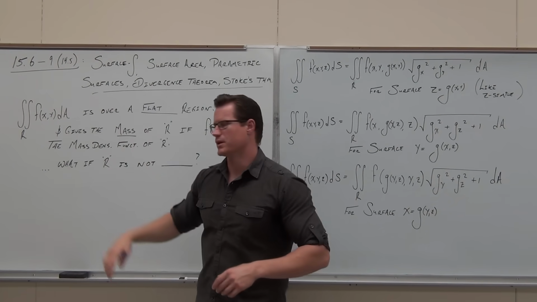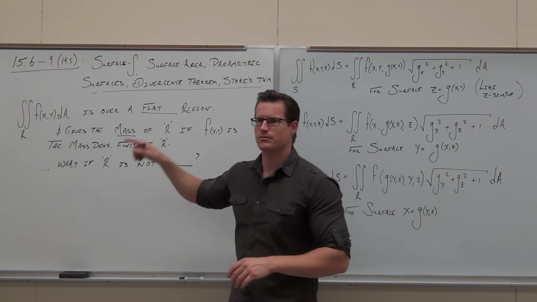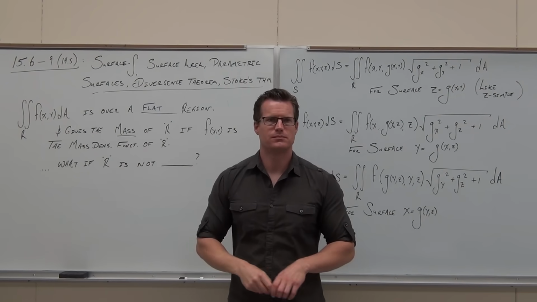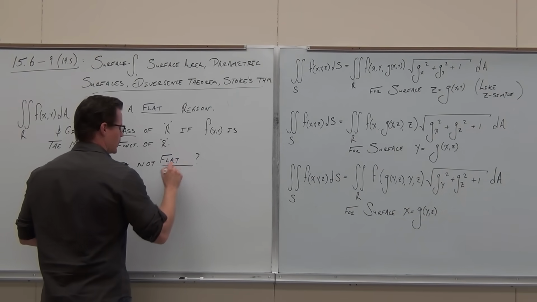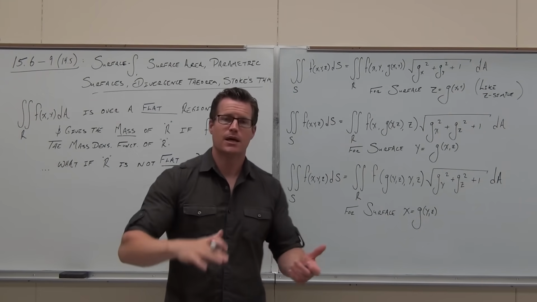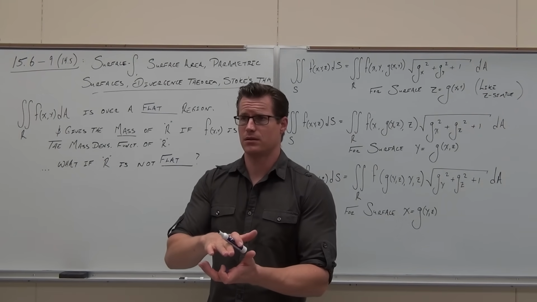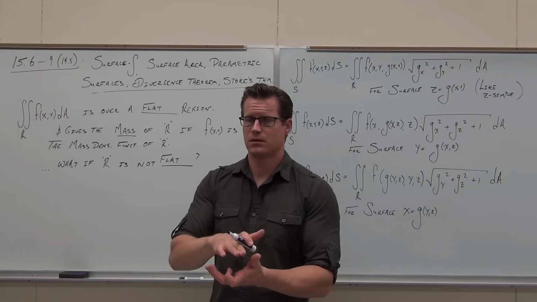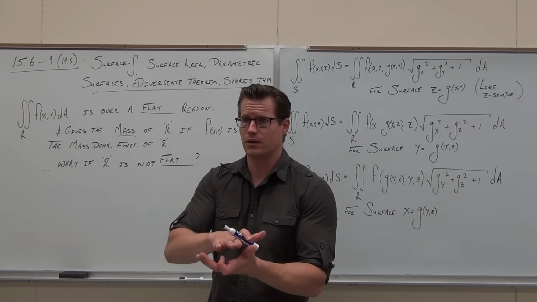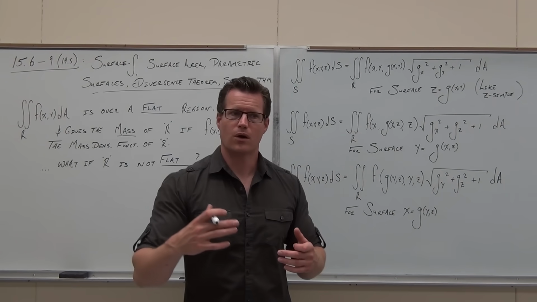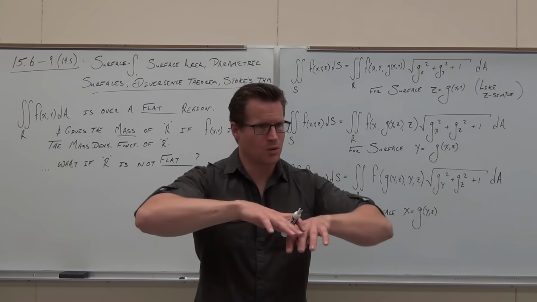Now, imagine this. What if R is not flat? Well, if R is not flat, can it possibly sit on a plane? No. Then R is no longer flat. That means R is no longer a plane.